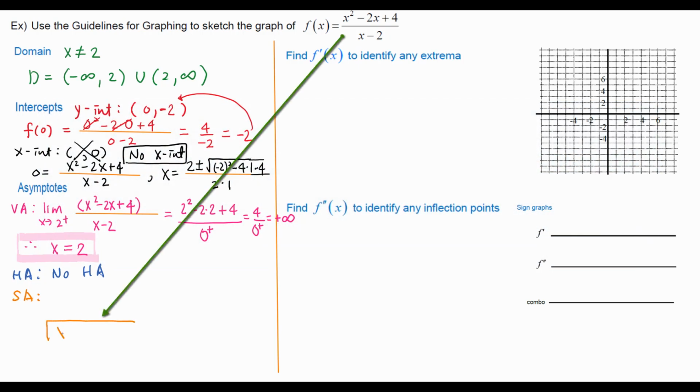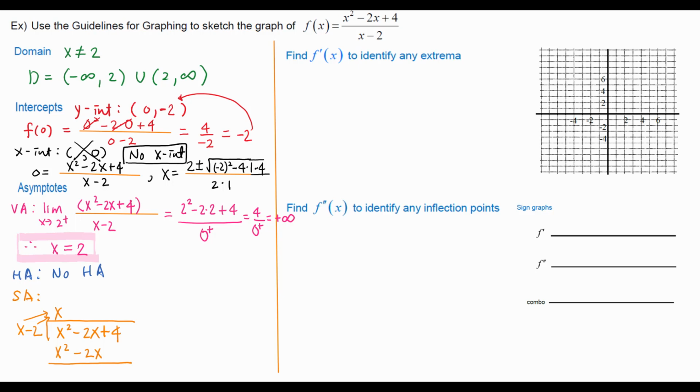I have x squared minus 2x plus 4 divided by x minus 2. x goes into x squared x many times. x times x squared... x times x minus 2 gives x squared, negative 2x. Subtract top to bottom.